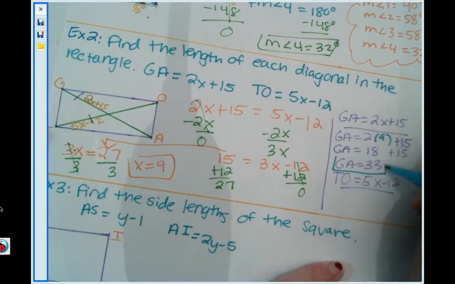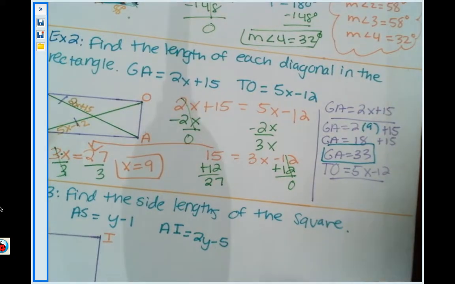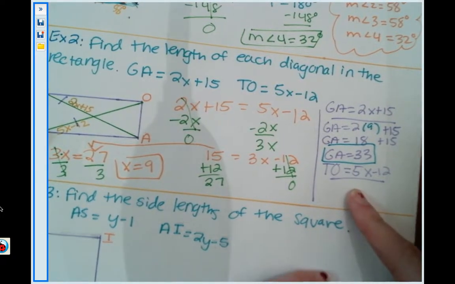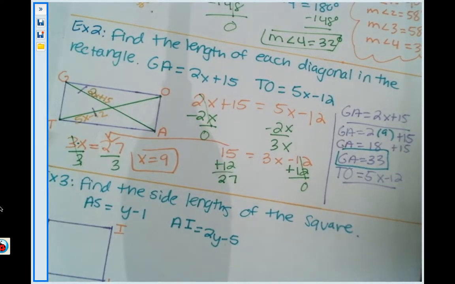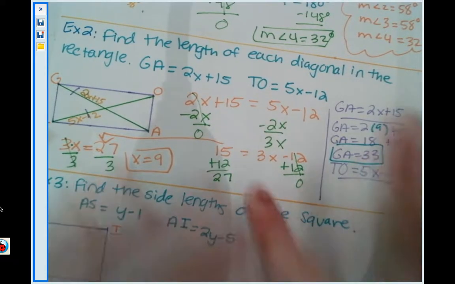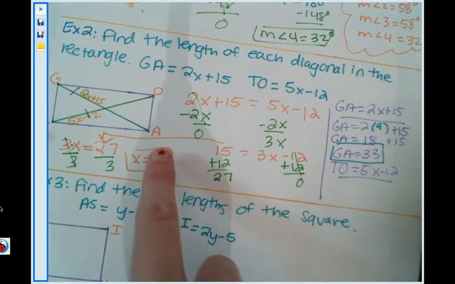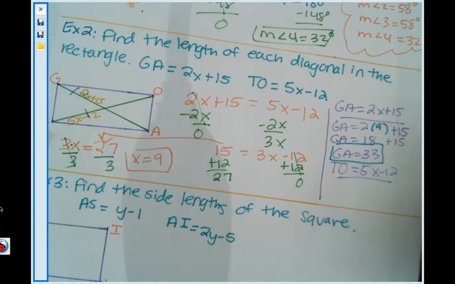So GA is 33. If we did this correctly, TO should also be 33. So let's see if we did it right. Everywhere I spot an x in the problem, I'm going to replace it with a 9.